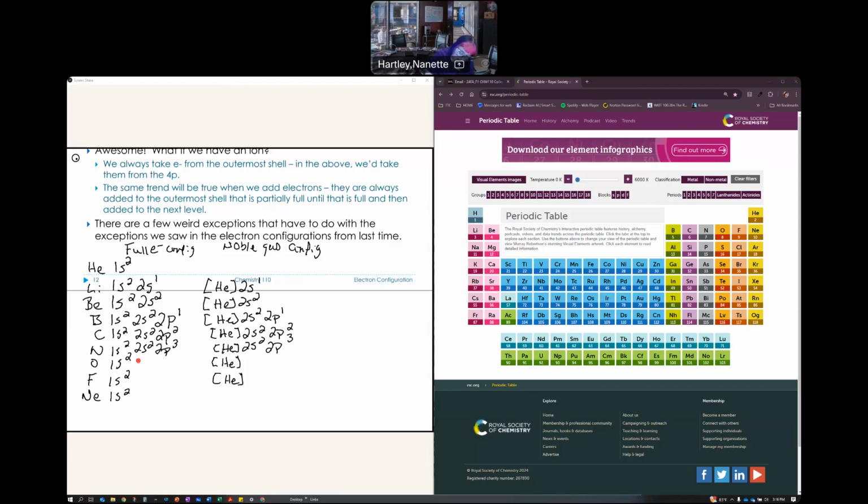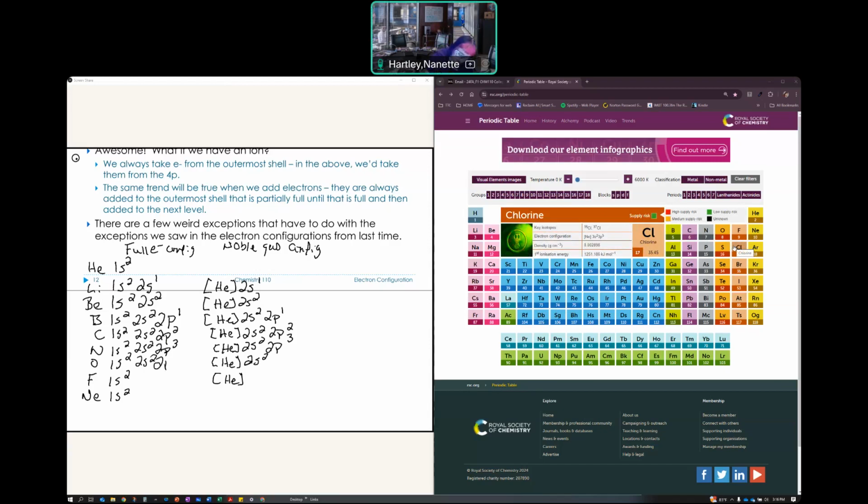For oxygen, we have that 2s2, and now I've put 4: 1, 2, 3, 4 electrons in that p. So 2p4.